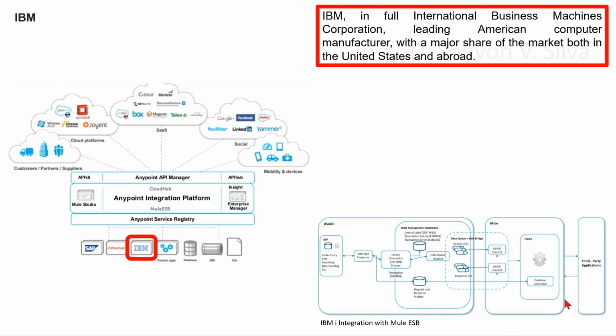In the transaction interface, the interface with Mule would be at the transaction level with control data indicating the type of transaction. Data queues indexed by the transaction number would act as a trigger to indicate a transaction is available for pickup or delivery.